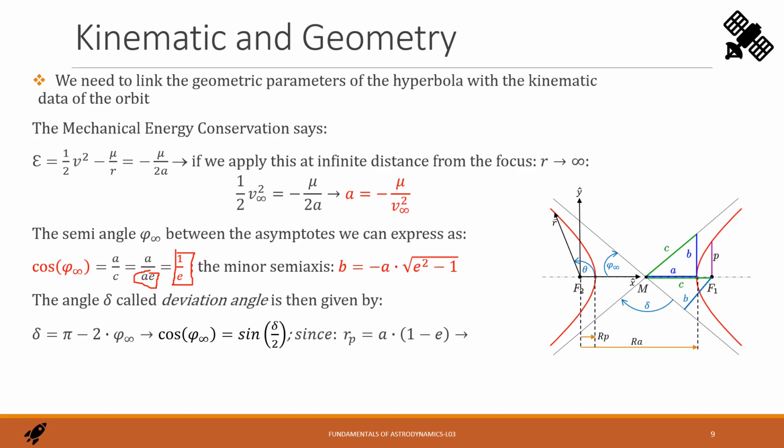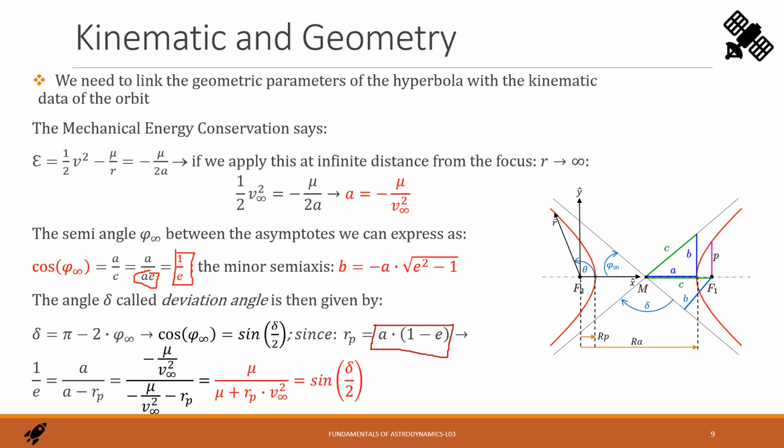And since Rp is A times 1 minus E, that is the periapsis, then 1 over A turns into A over A minus Rp. And by replacing the value of A found above, we get this expression. Sine of delta half, that is the deviation angle, is equal to m over m plus Rp times V infinite square.